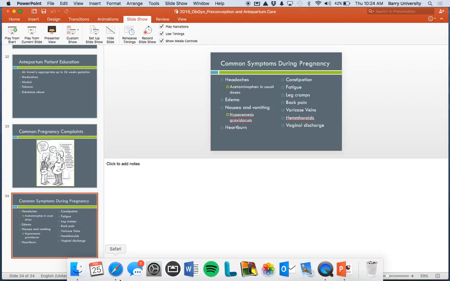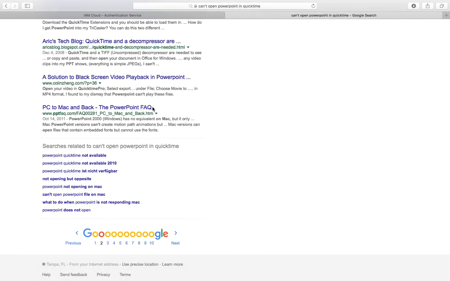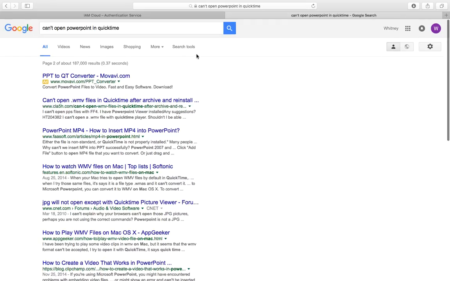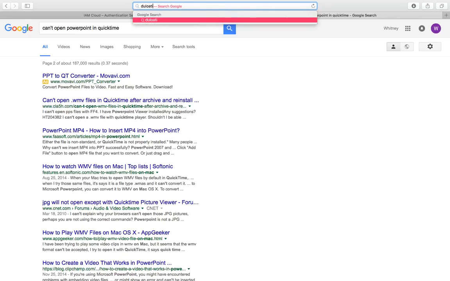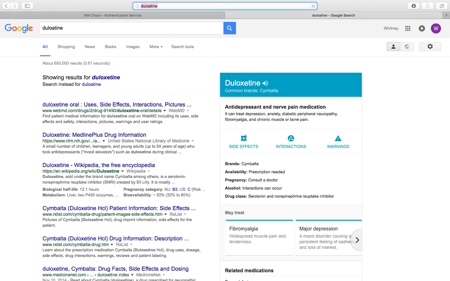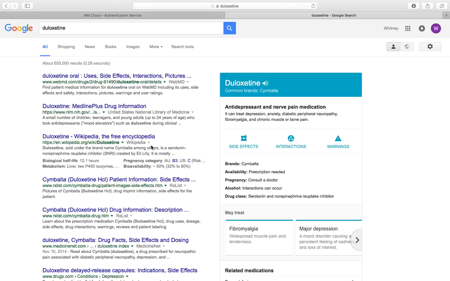Okay, let's see if I can find real quick the combination drug that I was talking about. Obviously, I was having some trouble with my QuickTime a few minutes ago, so I think it was under, what was the name of duloxetine? Let's see. Oh gosh, no, that's Cymbalta. No, that is wrong.